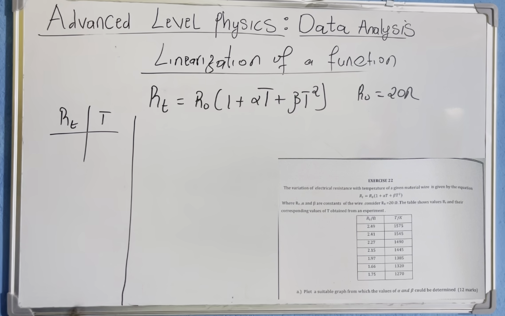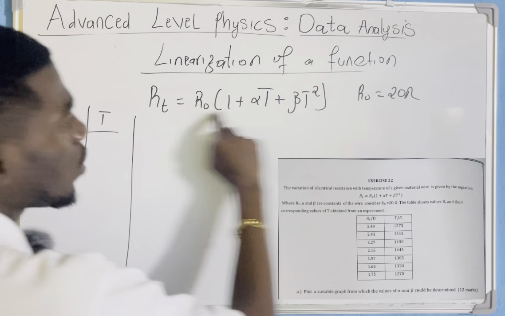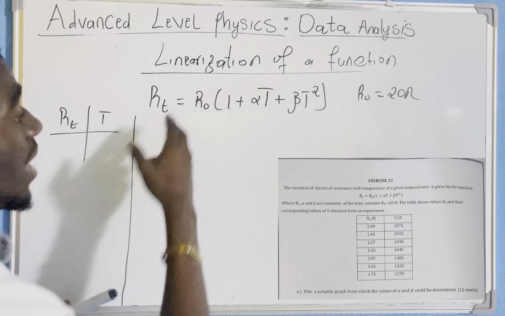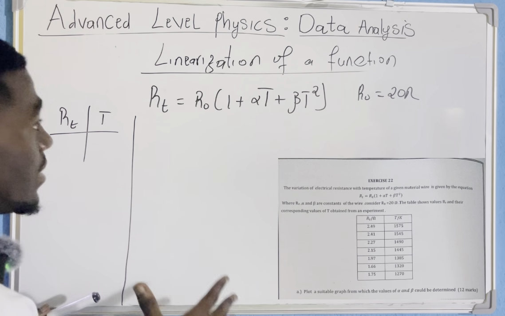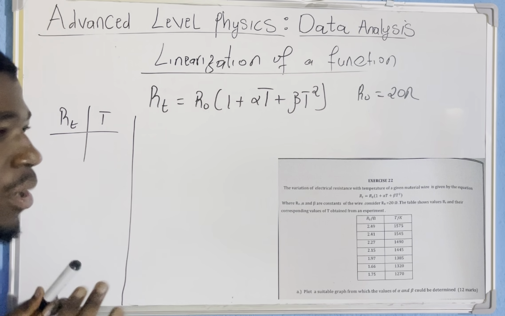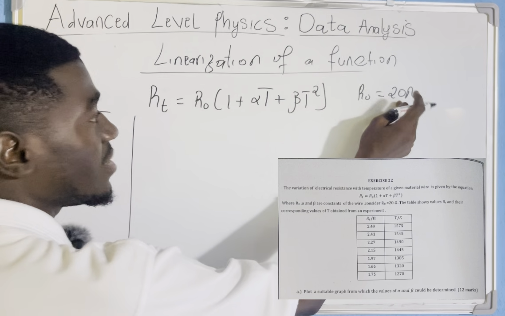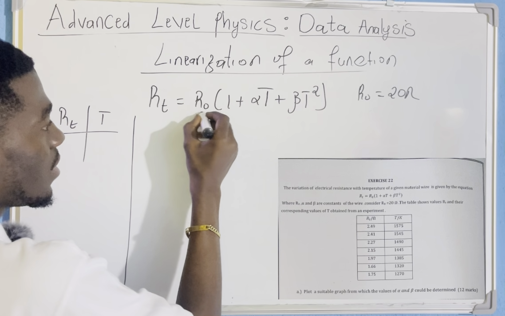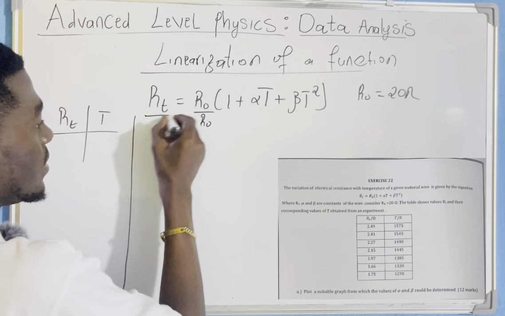I see that this R0 is disturbing me. I don't want to open it. I can bring it here because there's no problem. R0 can be part of my y term because it's a known constant. So I will divide both sides by R0 like this.